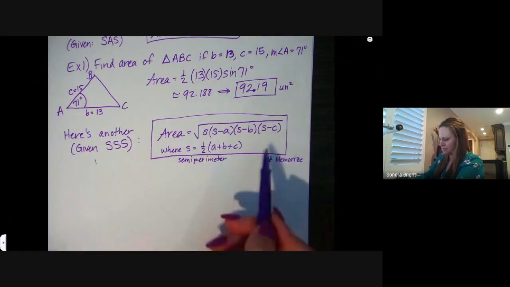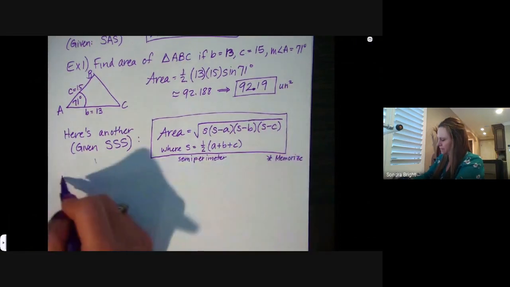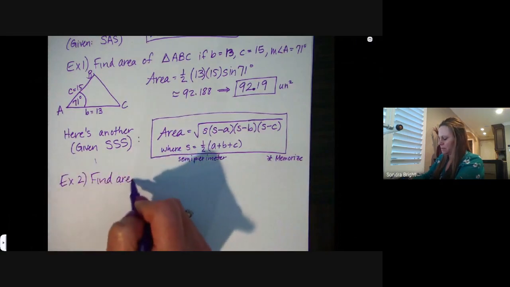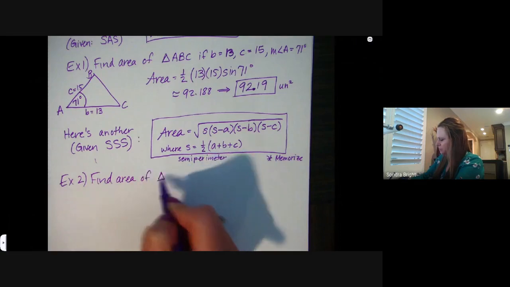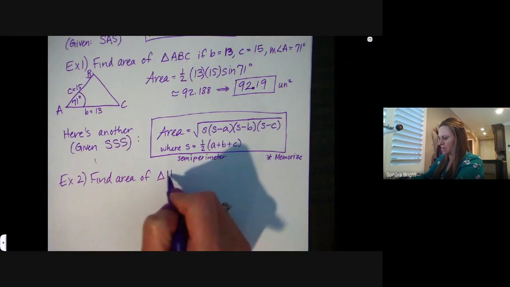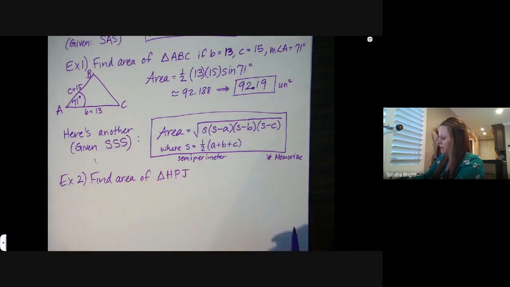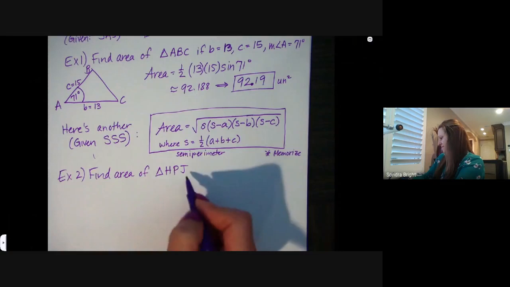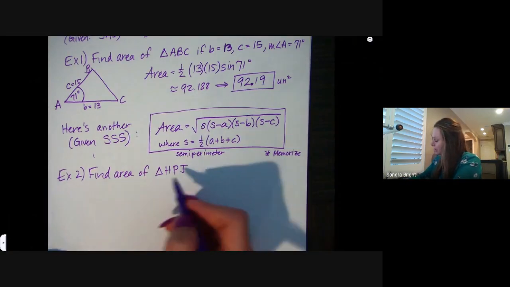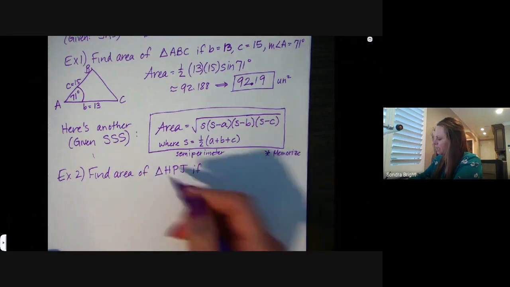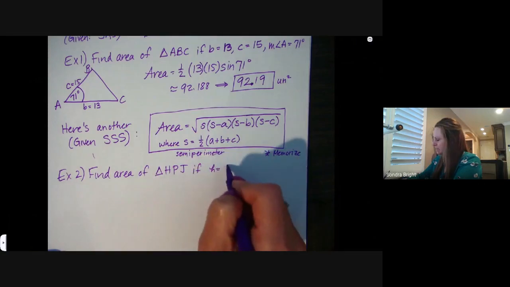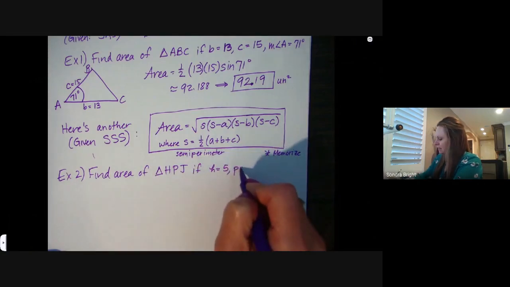Let's do an example with that one. Let's find the area of triangle, oh okay, we're going to give you different letters. HPJ. I have no idea. Happy people jog? Maybe? I'm sure you guys will come up with more interesting ones than that. Okay, so find the area of this triangle if side H is 5, side P is 8, and side J is 11.